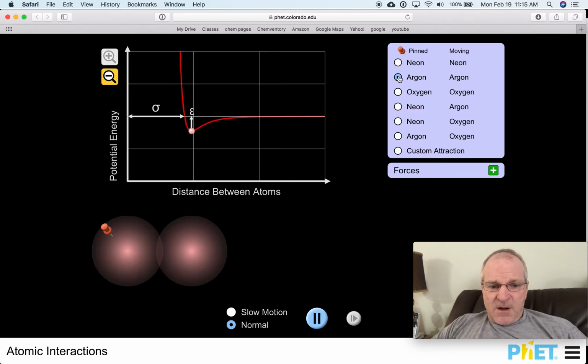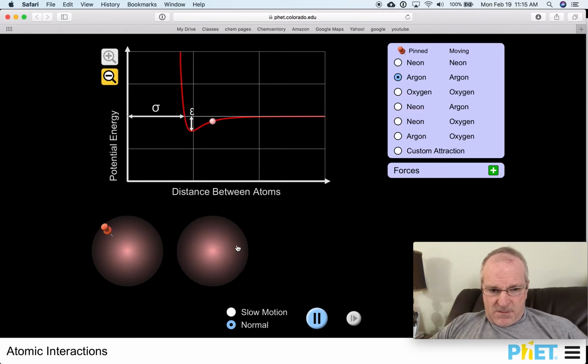If we do the argon thing, about the same thing happens, although there's a little deeper energy well, and that's not surprising because argon's bigger than neon, and so the electron cloud is softer. But still, we don't get a whole big, wonderful grooviness.